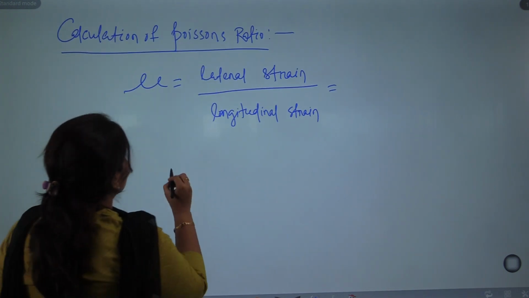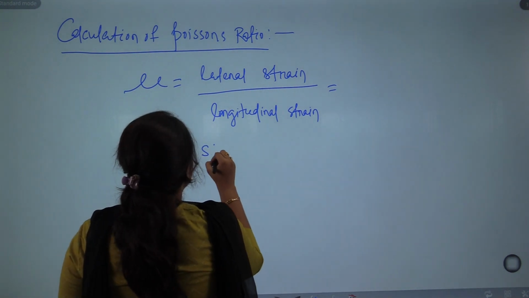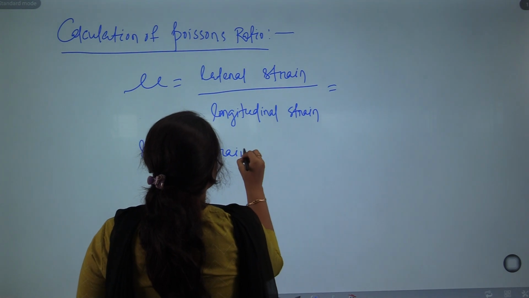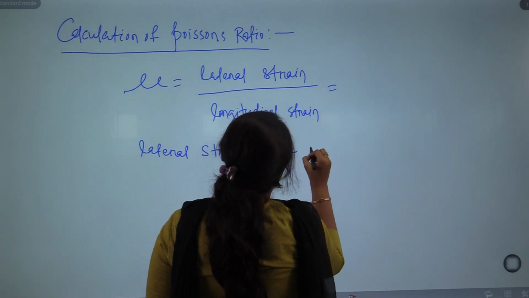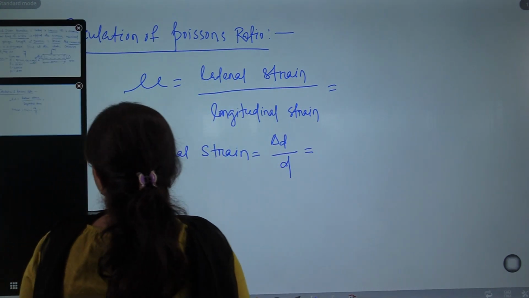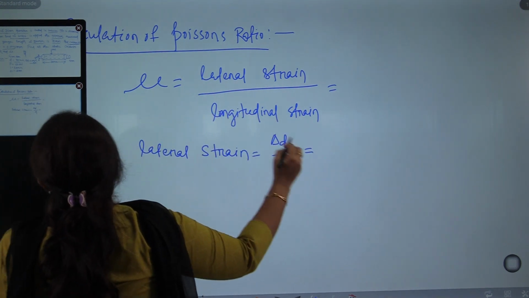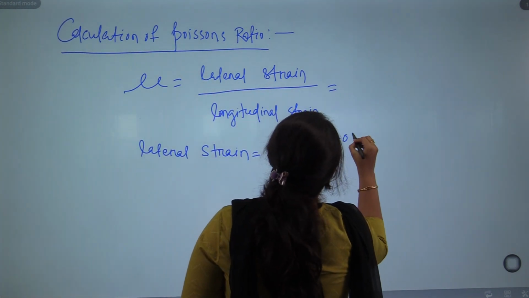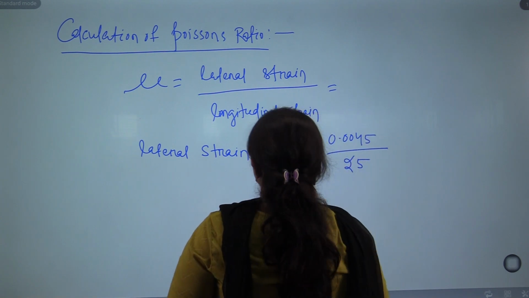So, the lateral strain value will be: del D is 0.0045 and D is 25, all in mm.